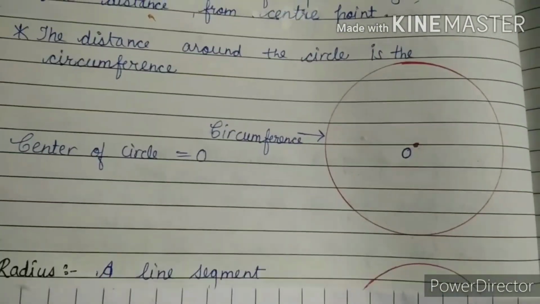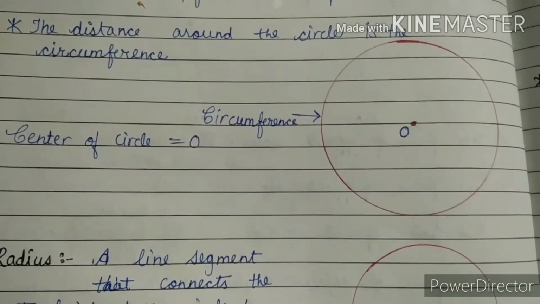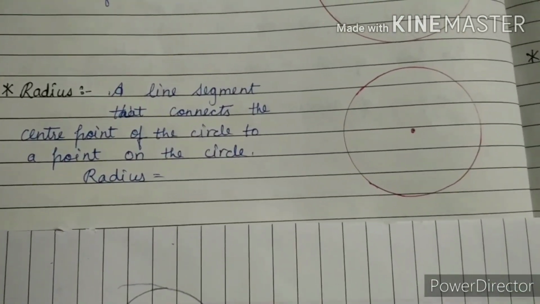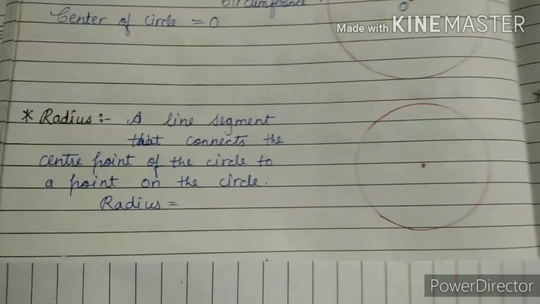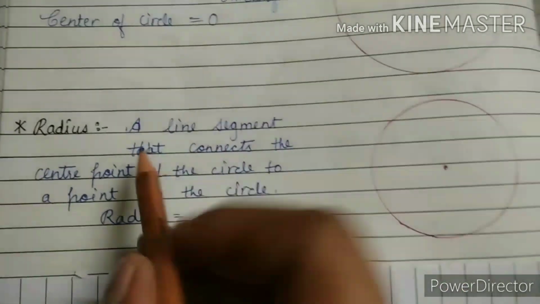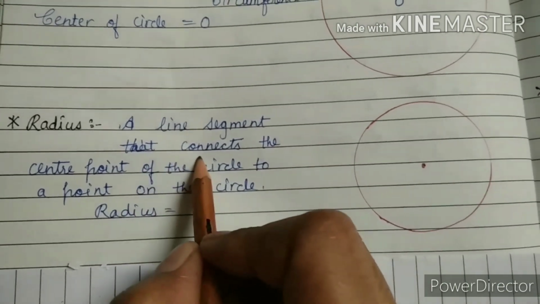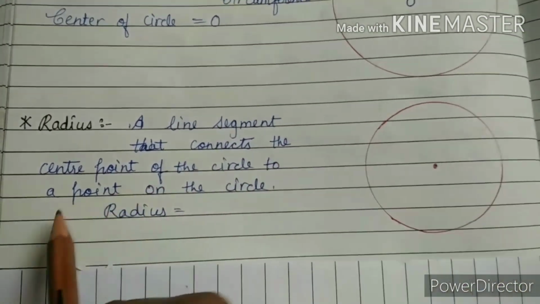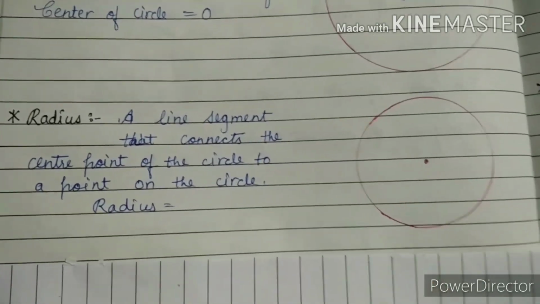So the next definition that we have to see is radius. What is the meaning of radius? Radius means a line segment that connects the center point of the circle to a point on the circle.